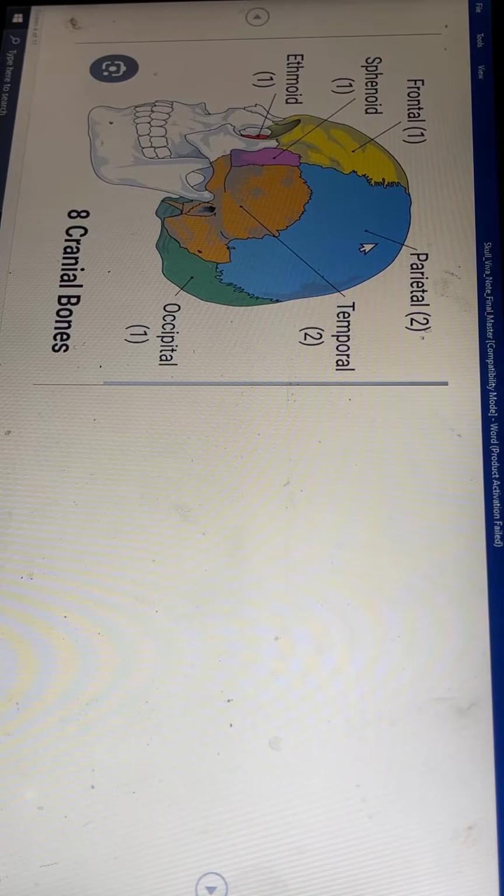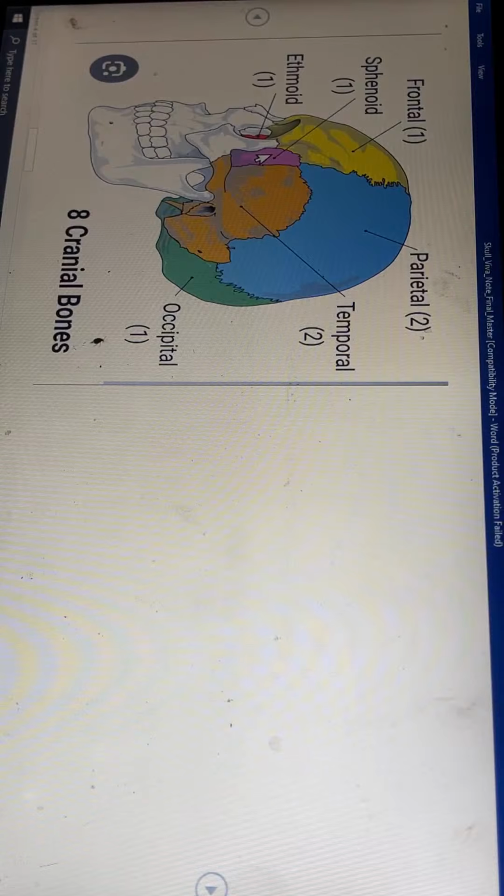Then below the parietal, we have the temporal bone. At the back of your head, we have the occipital bone. And hidden, we have the ethmoid bone and the sphenoid bone.